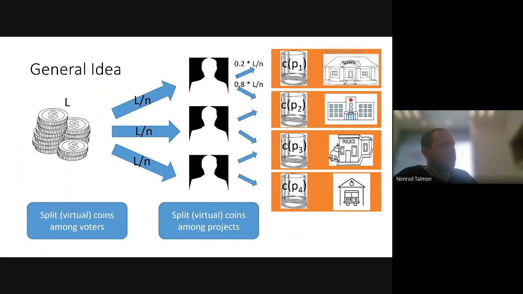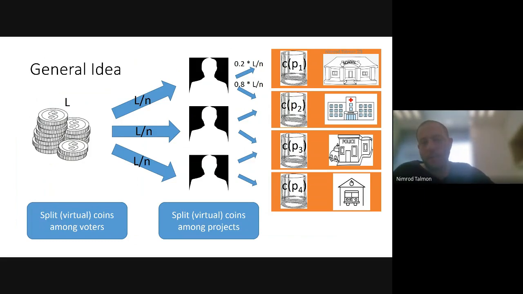If we would use the approval method that is used in Warsaw and in Paris, where I have to select only 10 projects and cross them, it basically means that I have a budget of 10 tokens and I need to split them, and I can only put one token in each project. Then I would be quite afraid to put one of the tokens in the fire department, because there might not be enough support for it, and then this token would get burned, like destroyed. So this is true for the greedy approval method that I showed before, which is the most popular method.